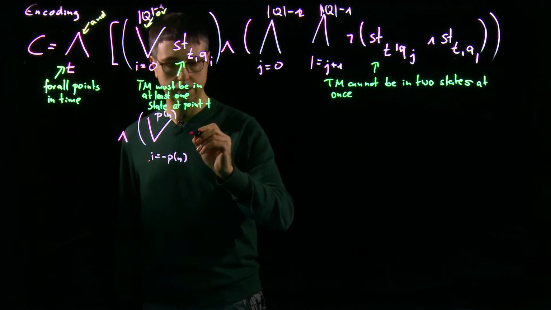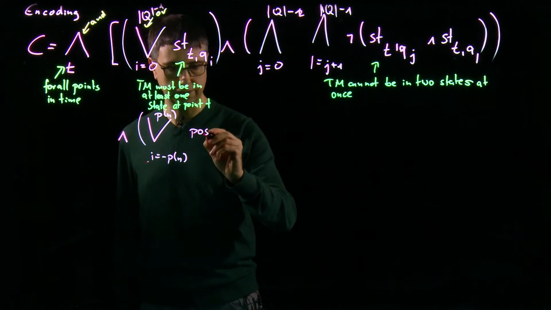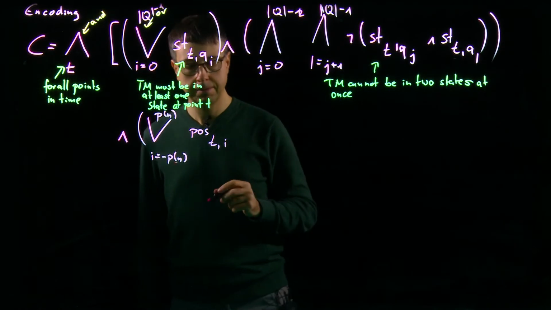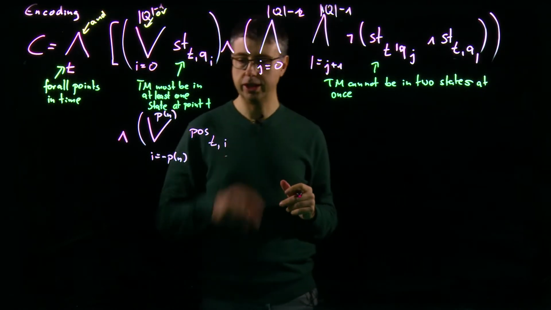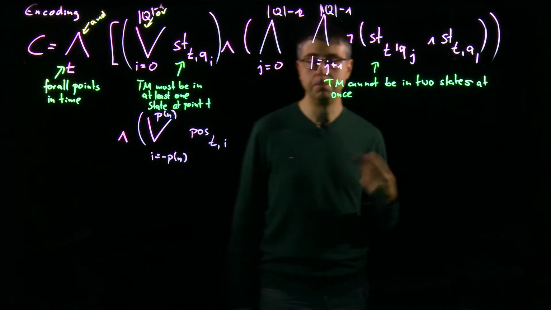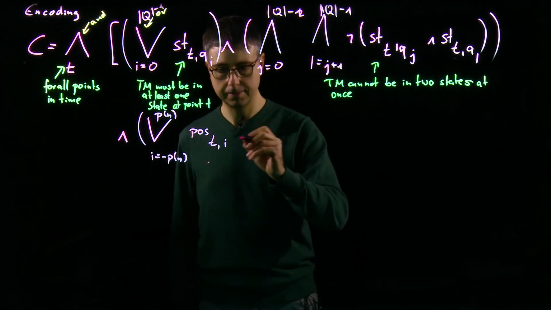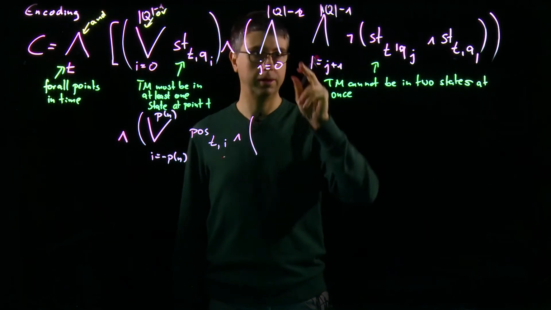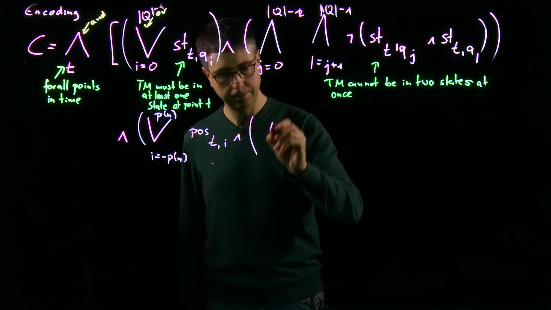And we know that the position was encoded with the variable pos. So the head of the Turing machine is at one position, and it is at most at one position. So now same construction here.